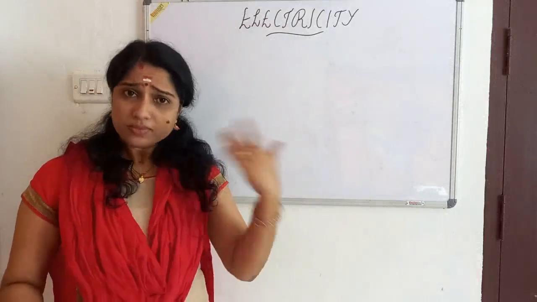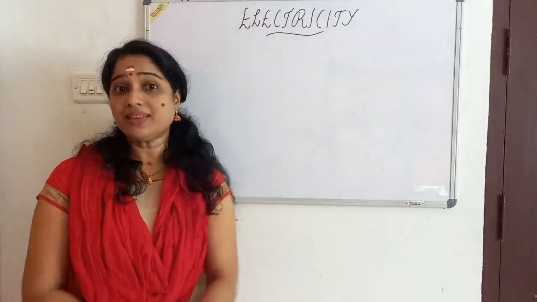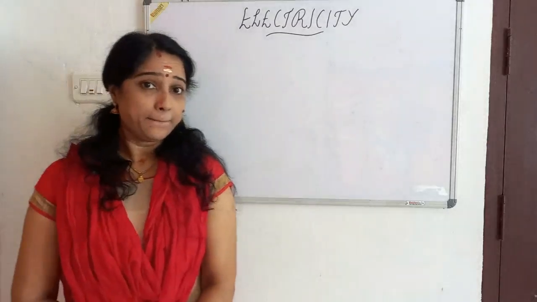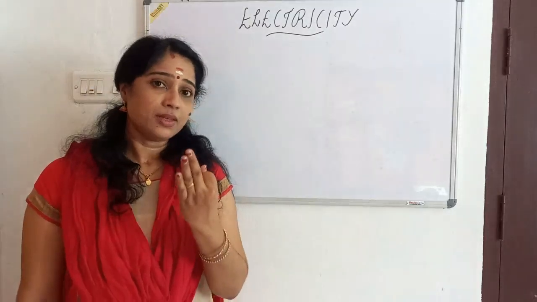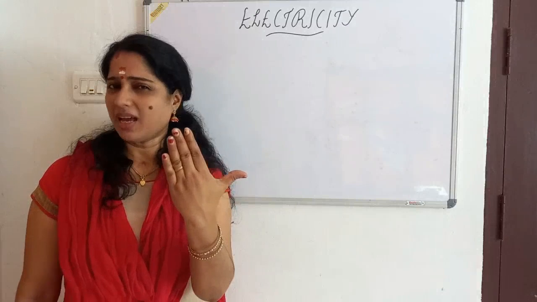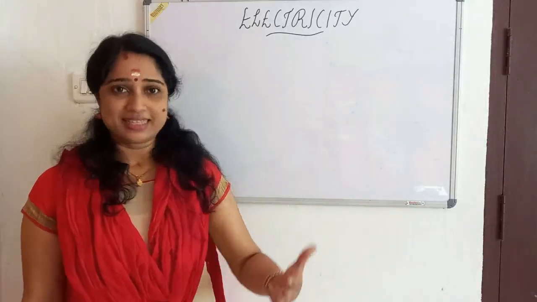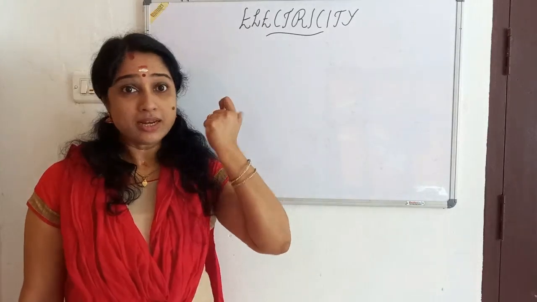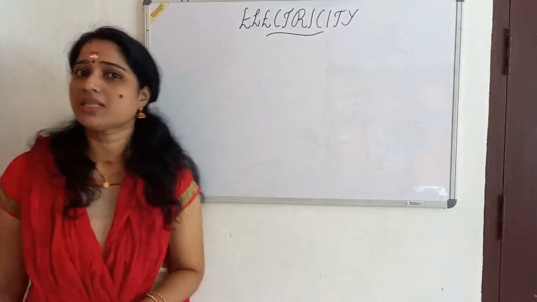Okay, now we can move on to the electric circuit. So you know what are the necessary things needed for making an electric circuit. What are they? Yes, LED bulb, 2 cells, 2 wires, crocodile clips, then switch, then resistors. So these are the things that are needed for making an electric circuit.